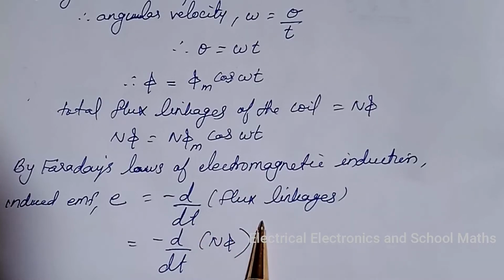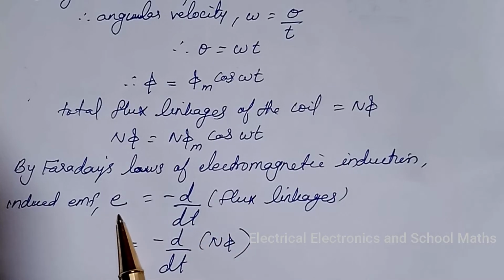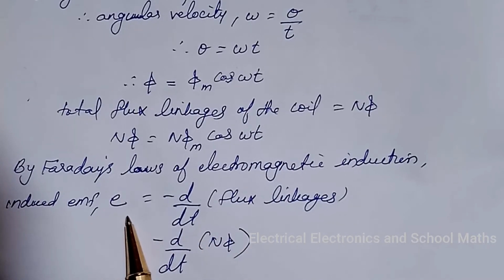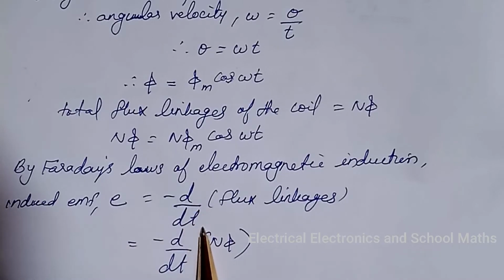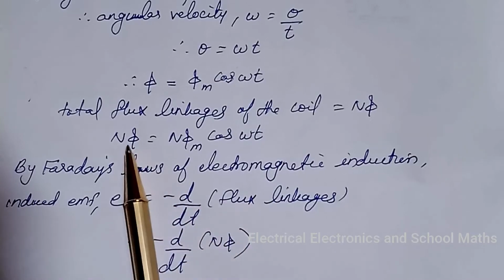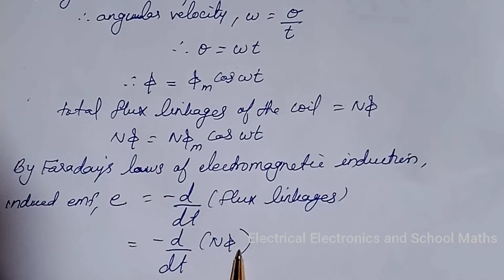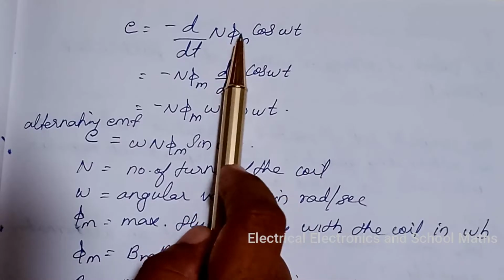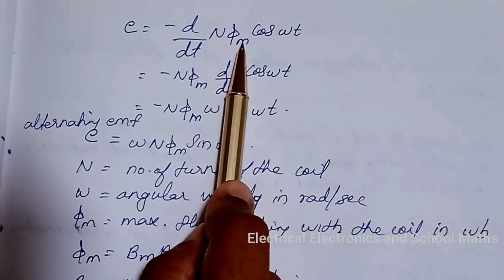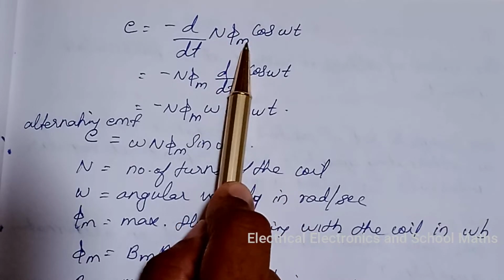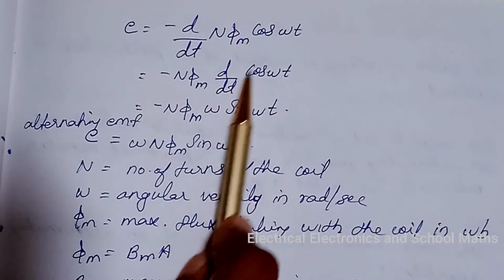So we can write the instantaneous value of the induced EMF e is equal to minus d by dt of the flux linkages. That is, the total flux linkage is n into phi. Put the value of n into phi, that is n phi m cos omega t.